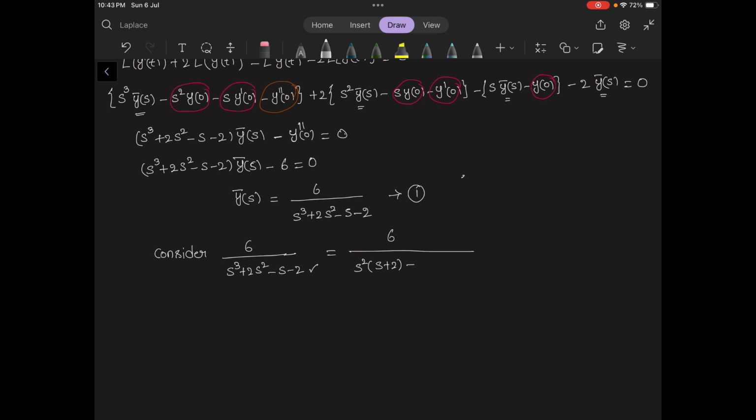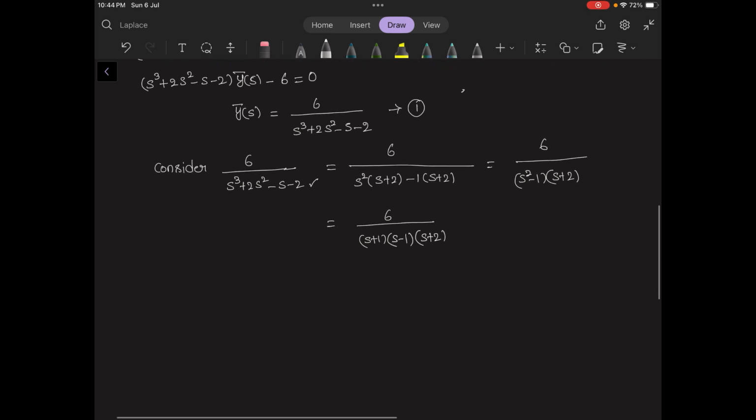In the second term, if I take minus 1 common, we'll get s plus 2, which is equal to 6 divided by s square minus 1 into s plus 2. Which is equal to 6 divided by s square minus 1, which can be written as s plus 1 into s minus 1, into s plus 2.